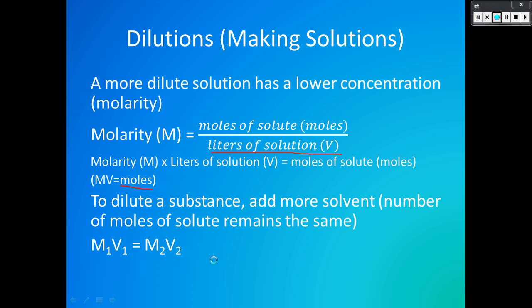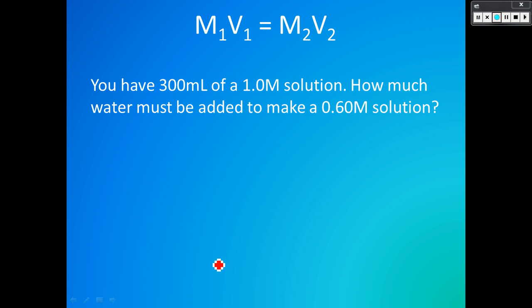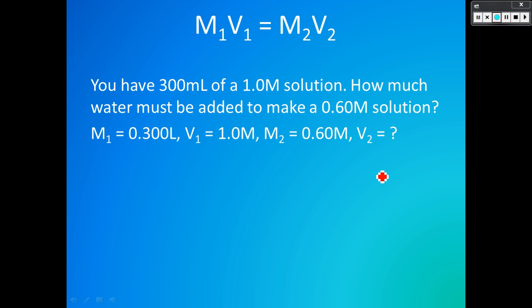So let's take an example of that. So an M1V1 equals M2V2 example. You have 300 milliliters of a 1.0 molar solution. How much water must be added to make it a 0.60 molar solution, so more dilute, but same number of moles? So the first thing I need to do is set up my equation.